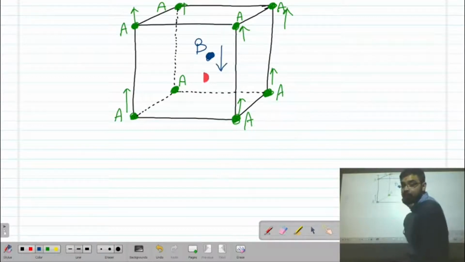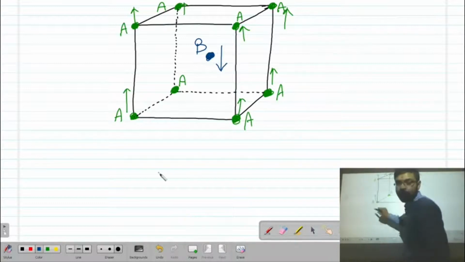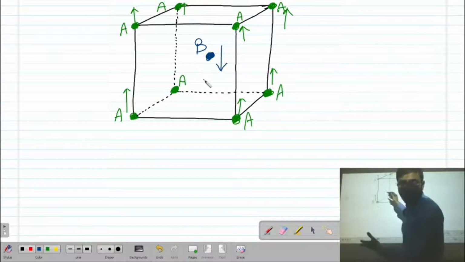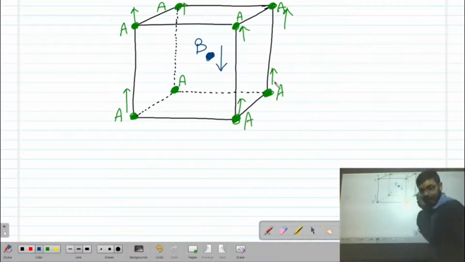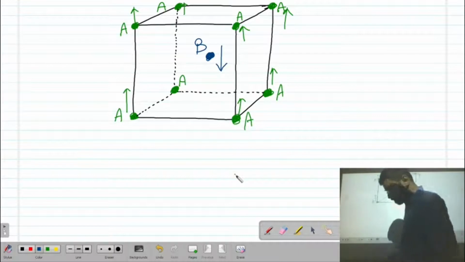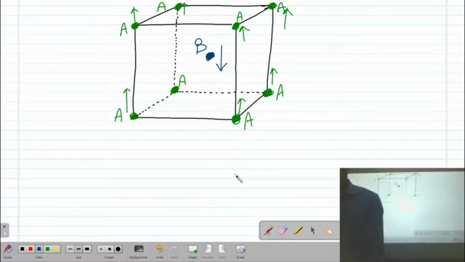In this cube we can only visualize that the B atom is being surrounded by A, but in bulk, all A's will be surrounded by B and vice versa. So this is the basic structure to understand ferromagnetism, anti-ferromagnetism.